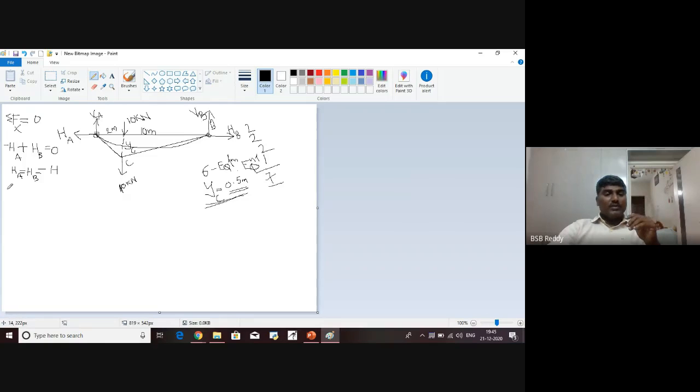Right, going for the next equation. Sigma Fy is equal to 0. Okay, got it? So what are all vertical forces are there? VA taking upward as positive, plus VB minus 10 is equal to 0.